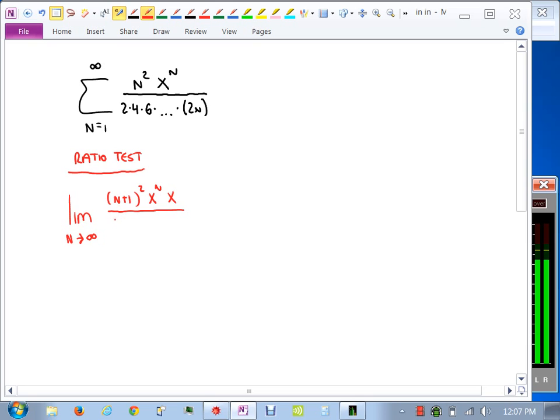Now this is where I think a lot of people had trouble. This would be 2 times 4 times 6 times dot dot dot, all the way out to what? 2 times n plus 1, right? Watch the way I'm going to write this. 2n is the one right before it. 2n plus 1 is the one right after it, right?